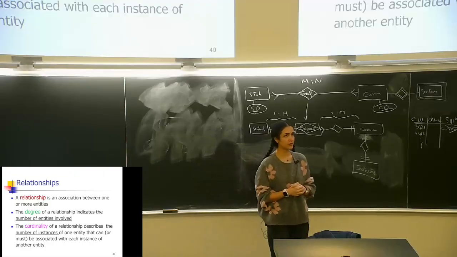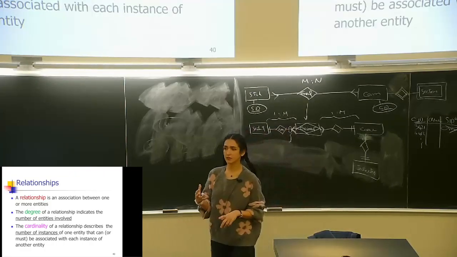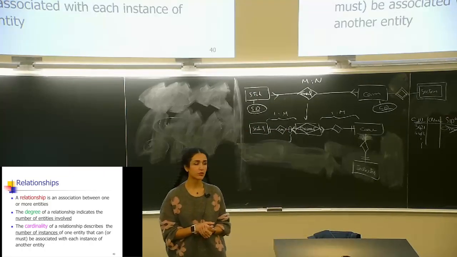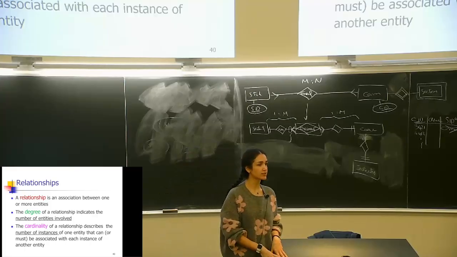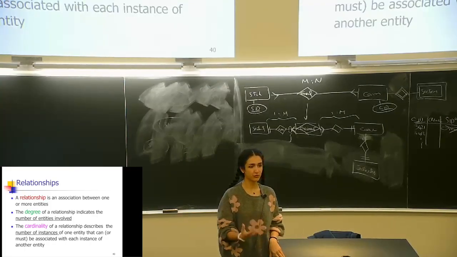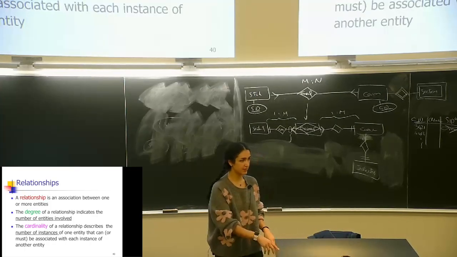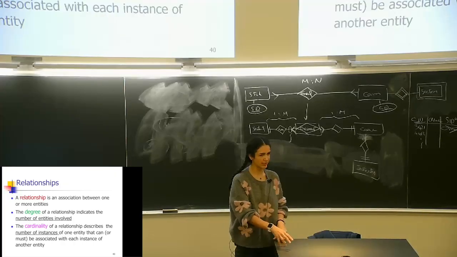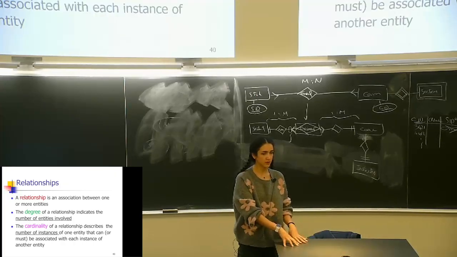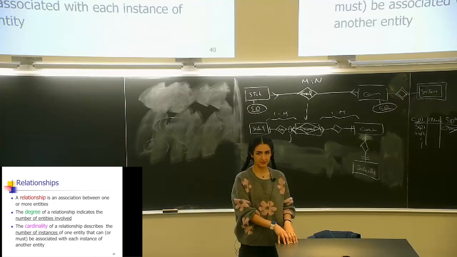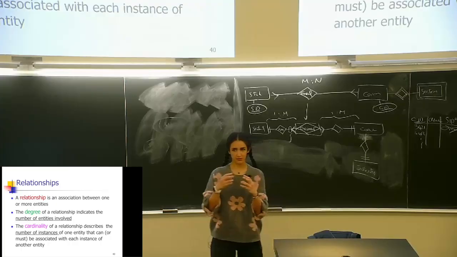For example, we can have an entity like employee. In an organization, employees can have different roles. Sometimes an employee can supervise or lead other employees, right? If that's the case, you have an employee as an entity which manages other employees, which are still instances of the same entity.